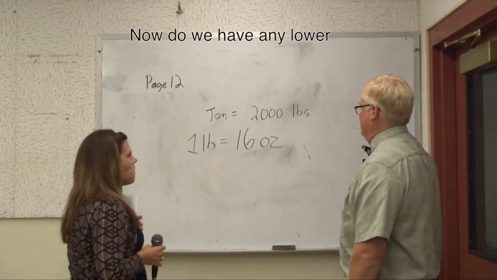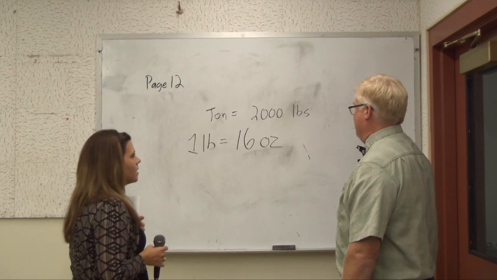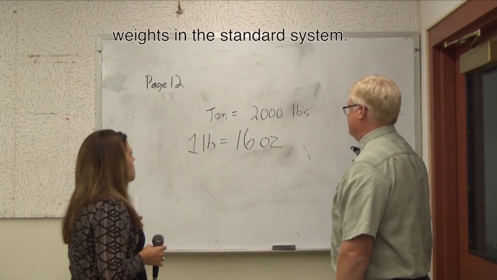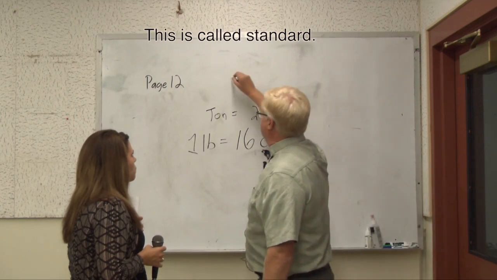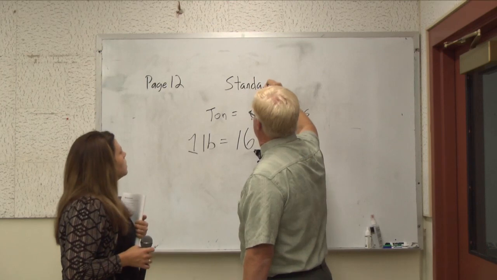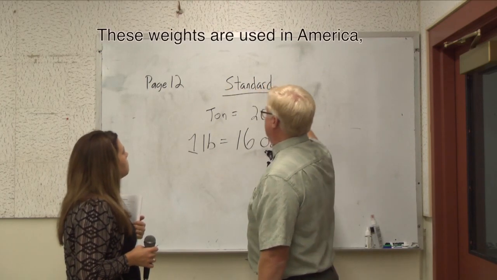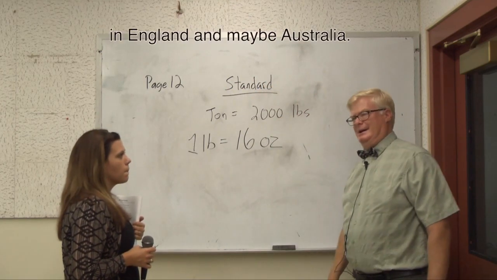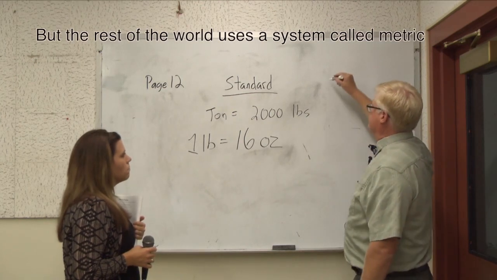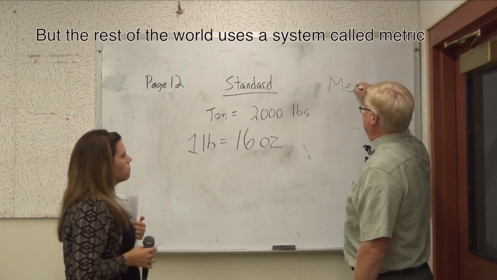Now, do we have any lower weights in the standard system? No, we don't. This is called standard. These weights are used in America and England and maybe Australia. But the rest of the world uses a system called metric.